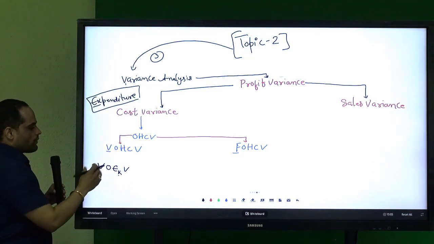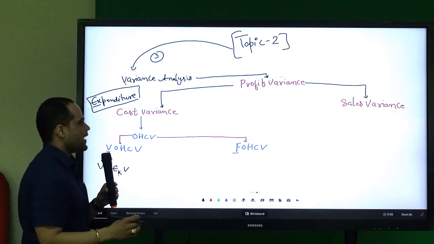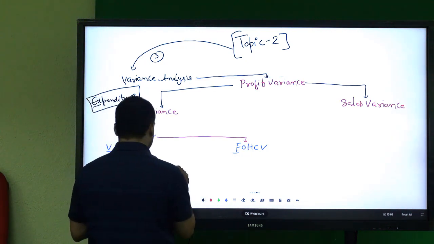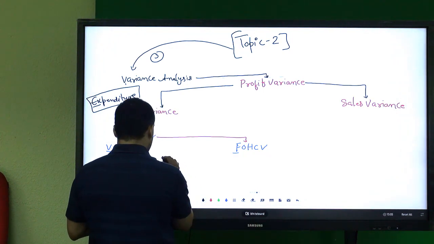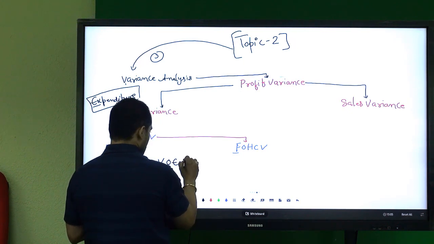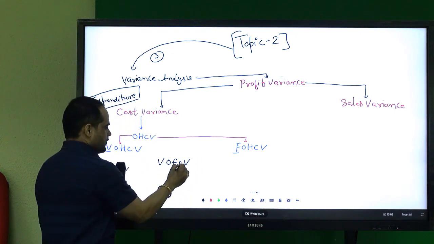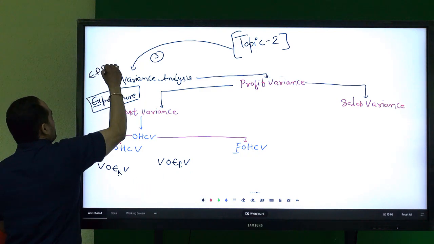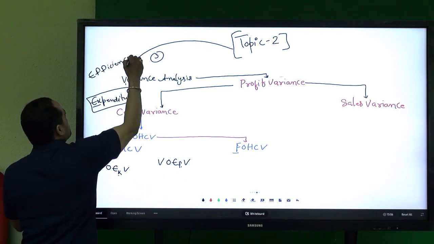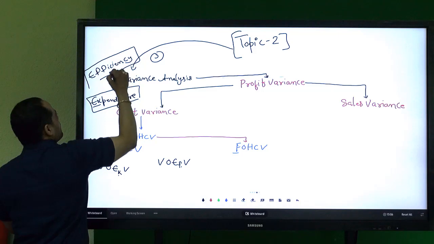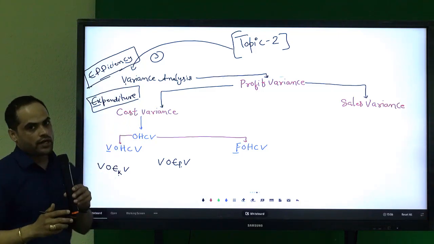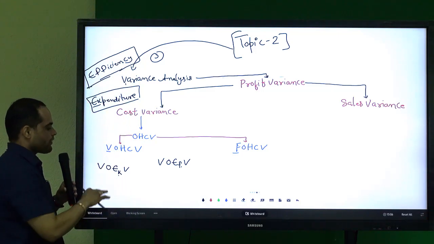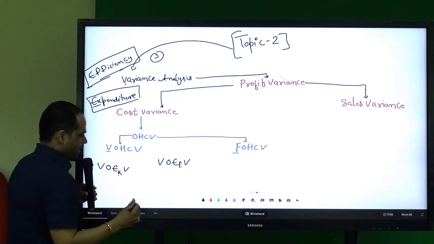That is variable overhead expenditure variance, and next is variable overhead efficiency variance, EF. EF stands for efficiency, same as before. Variable overhead efficiency variance and variable overhead expenditure variance.